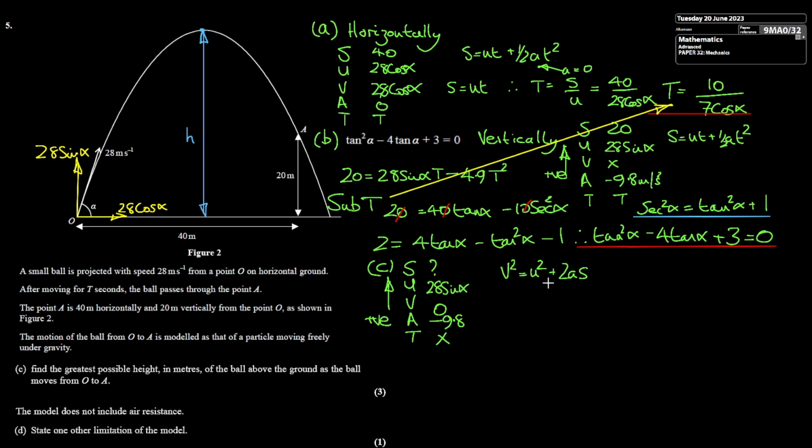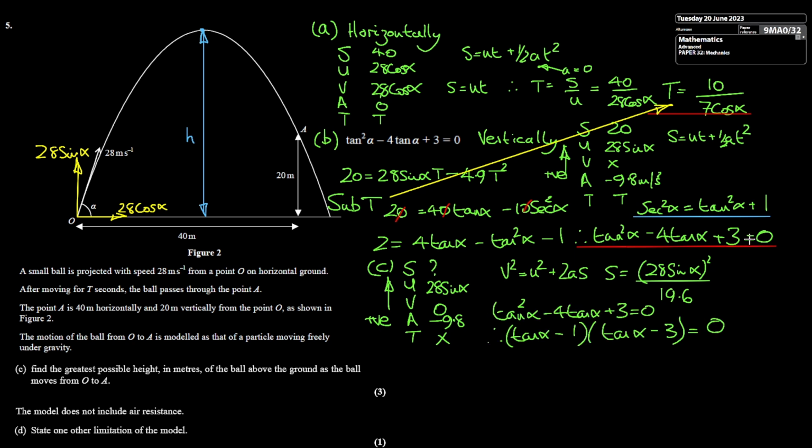And if you work that out and make s the subject, you'll get that s is equal to 28 sine alpha squared divided by 19.6. But the trouble is, we don't know alpha. But we can find alpha from solving this equation here, a quadratic in tan alpha.